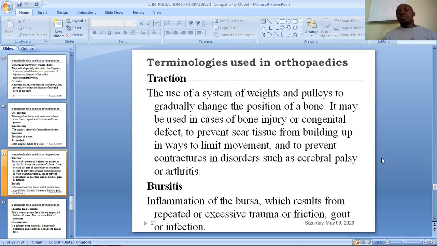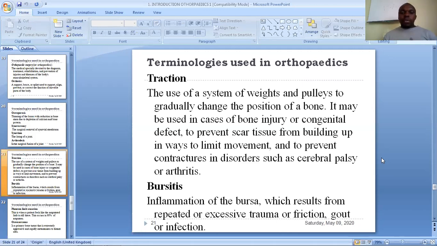I'm sure you've gone through the hospital, especially the surgical ward, where you found some clients having some pulleys or some weight applied to the lower limbs. That is traction. It is meant to help align the fractured limbs, and you will understand the functions of traction at some point when we discuss the orthotics that are used in orthopedic nursing.